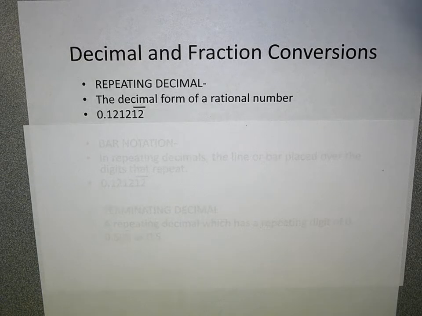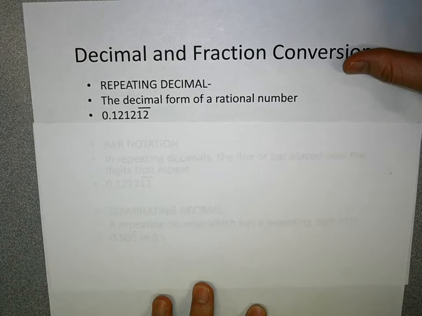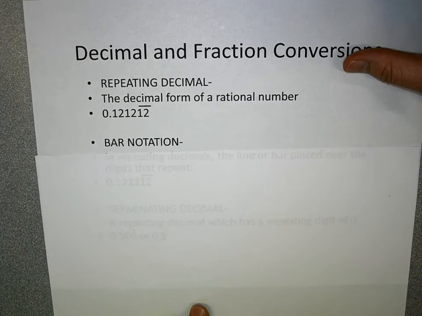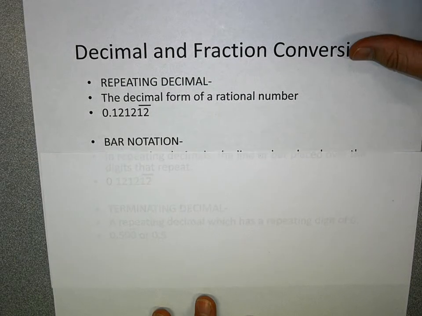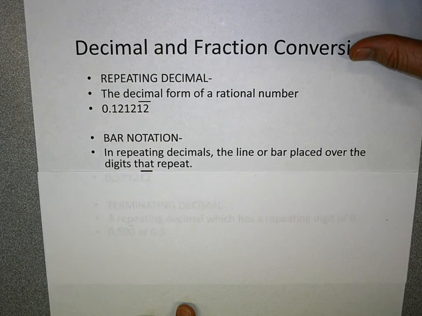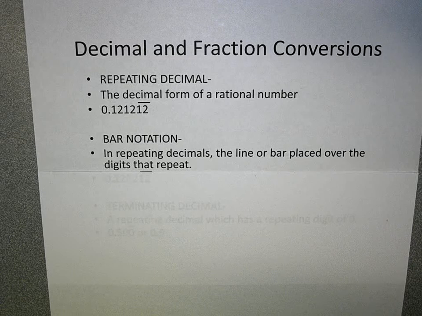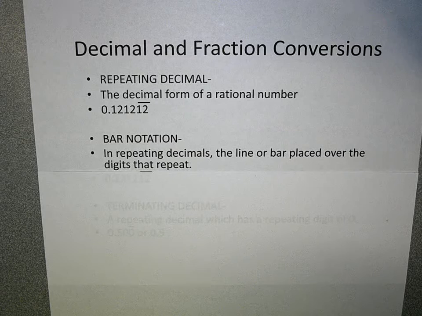All right. Our next word or phrase is bar notation. So bar notation, everyone. Here's what the book says. In the back it says, in repeating decimals, it's the line or bar placed over the digits that repeat.